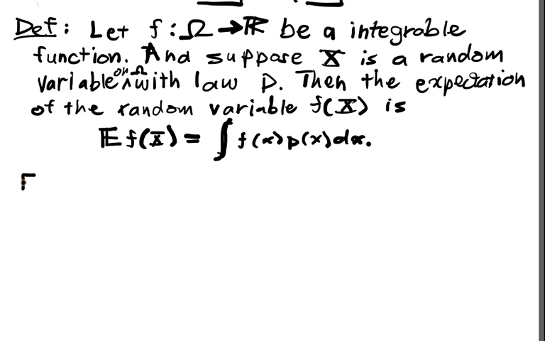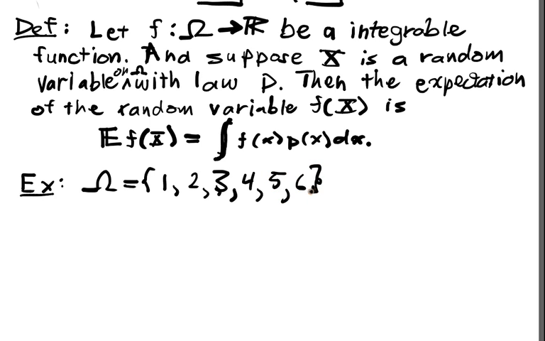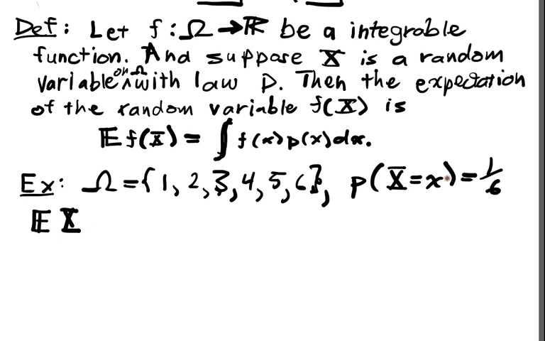So for example, let omega be the set of the first 6 integers, and let's suppose that the probability that x is equal to a particular x, where x goes from 1 to 6, is 1/6. That is, I have a fair 6-sided die. Then what's the expected value of the random variable x obeying this law?